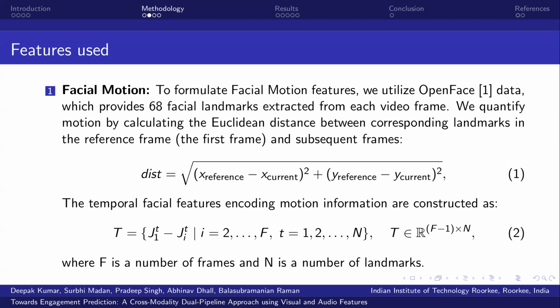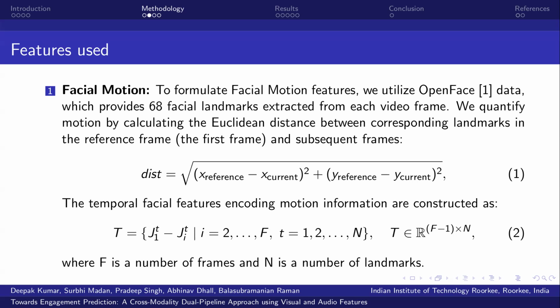Equation 1 shows the calculation of the Euclidean distance. This distance captures the displacement of facial landmarks over time, indicating changes in facial expressions, which are linked to engagement. The greater the distance, the more the landmarks have moved, indicating changes in facial expressions over time. These distances are compiled into a feature list to represent temporal facial motions.